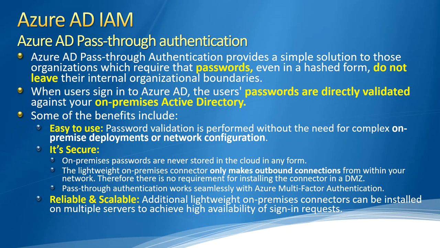That's, in security parlance, a big risk. And if you needed that kind of connectivity, you would put your server in a DMZ. But with the pass-through connector, you don't need that, because it makes an outbound connection.